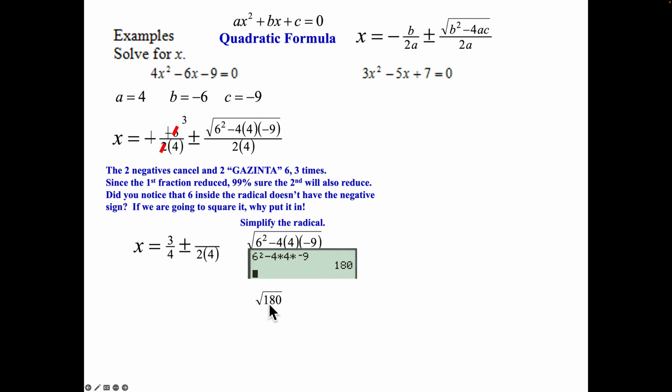All right, we can break that down. Divide that by a 5, you get 36, which is a perfect square. So I'm going to get 6 square root of 5 up here in the numerator. And now, because this reduced by 2, this too will reduce by 2. And there's my final answer.